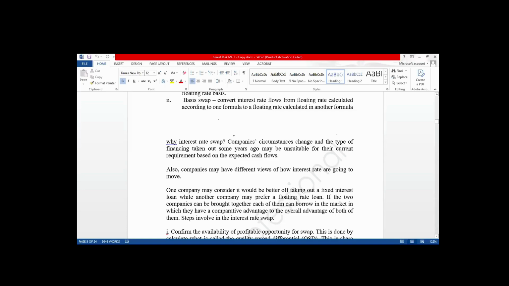For two parties to go into interest rate swap, the first point is that interest rate swap provide opportunity for you to reduce your cost of borrowing.